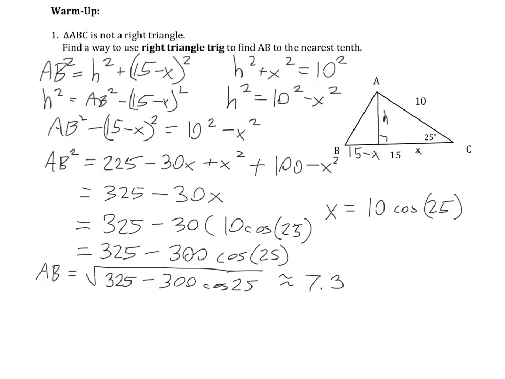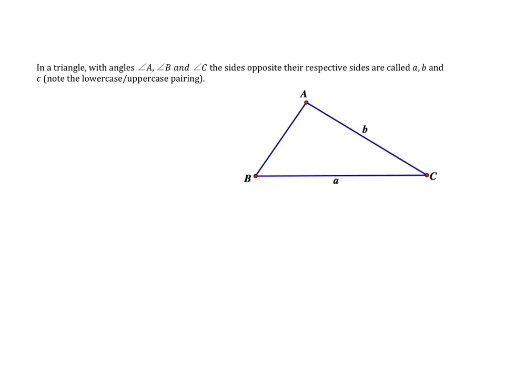Now, we just did this with numbers involved, but if we wanted to repeat this process again and again, what we'd want to do is make this a formula. So we're going to take away our values here, and try to make a formula based only on the side lengths of a triangle. So that's what we're going to do on this next one.